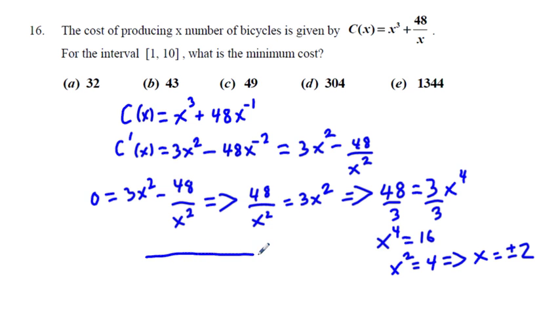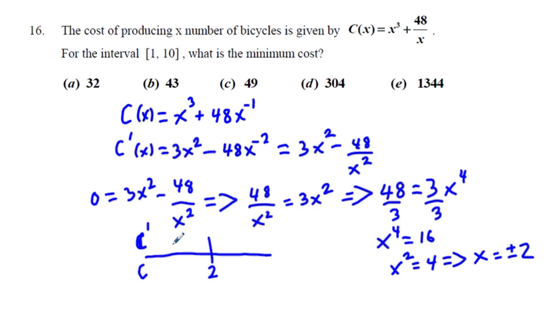And we can quickly test it out if we want to. If we go to 2 and we take a number, say we take the number 1, if we plug in 1 into c prime, we're going to have 3 times 1 squared minus 48 over 1.